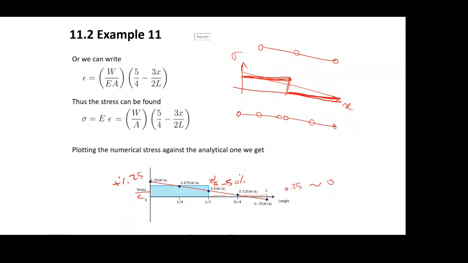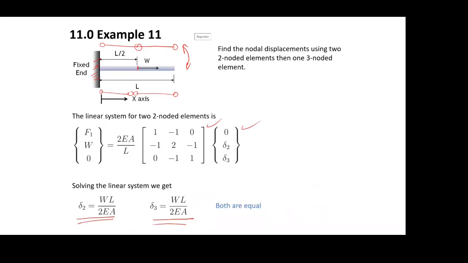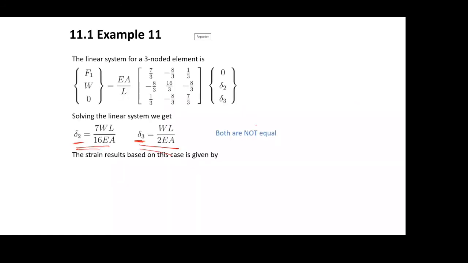So if you repeat this problem one more time, and instead of using one quadratic element, you use two quadratic elements, obviously it's going to be a larger system to solve, but you are going to get WL over 2EA, and it's going to be WL over 2EA for the second element as well.